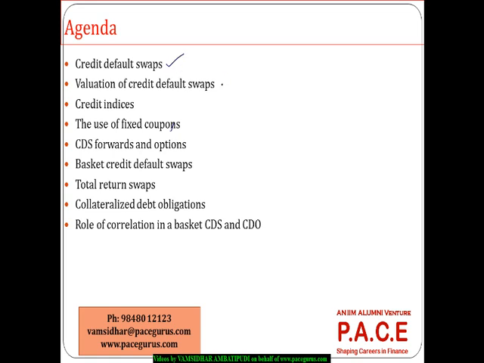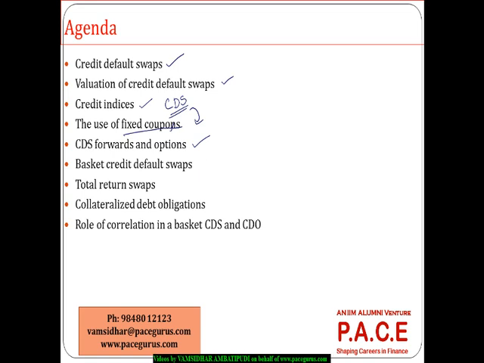We will focus on its valuation aspects, and once we are done, we will look at the credit indices available today, the indices on credit default swaps, and how this entire index-based credit default swap market works, which is where we talk about the usage of fixed coupons, and then the usage of forwards and options on credit default swaps.